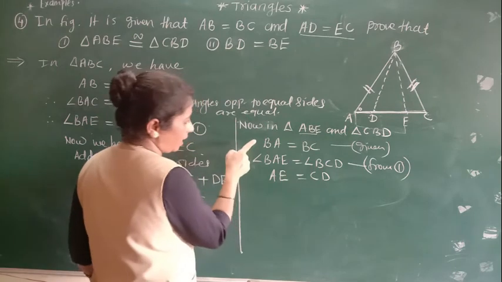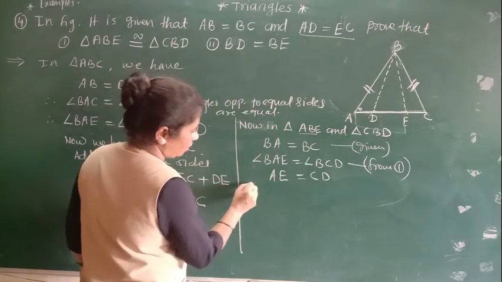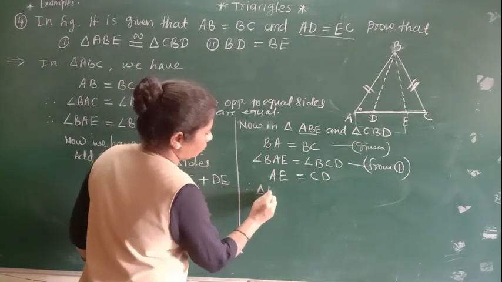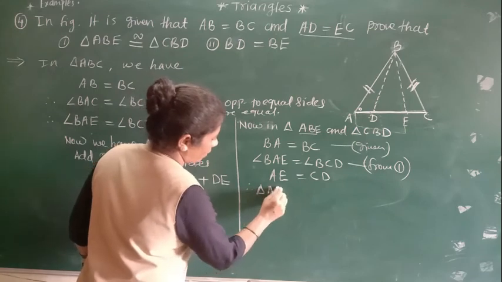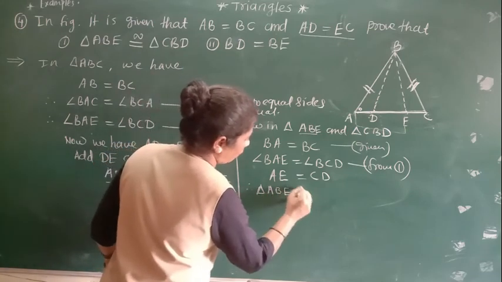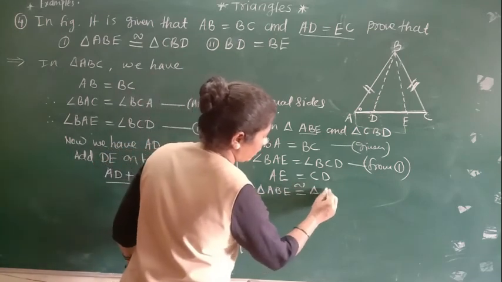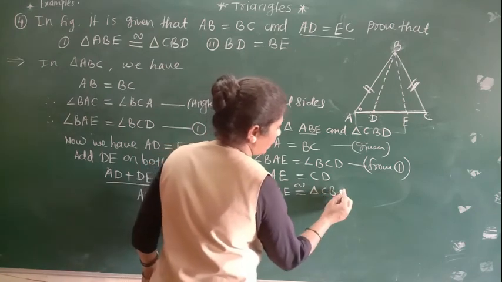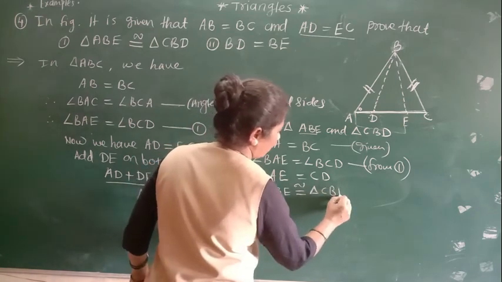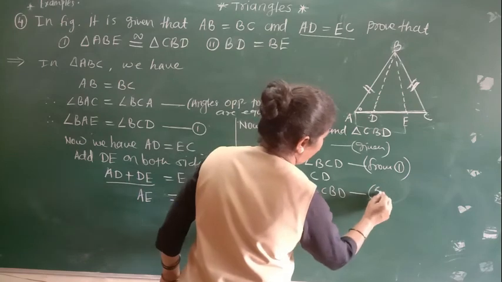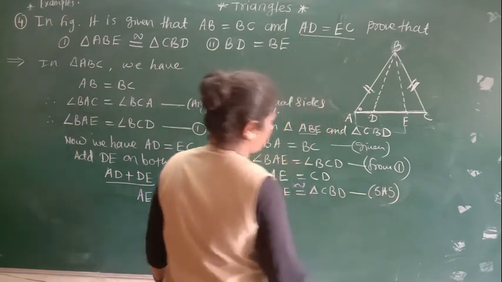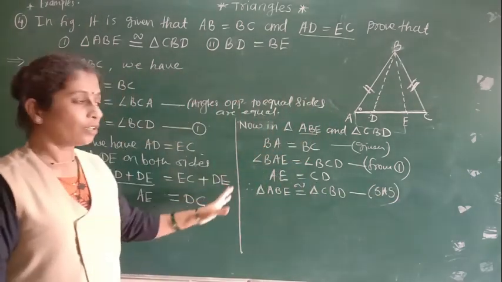So by which criteria? Side, angle, side. These two triangles are congruent. So triangle ABE is congruent to triangle CBD by the side-angle-side criterion.